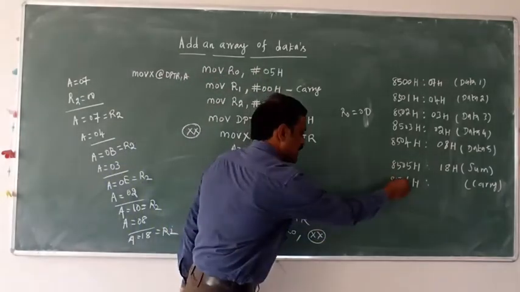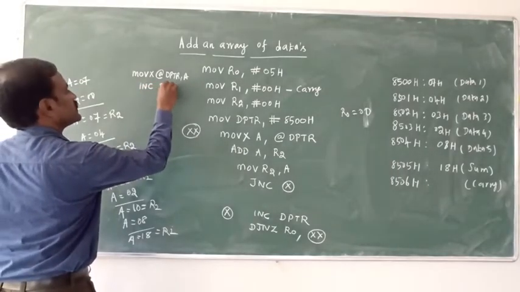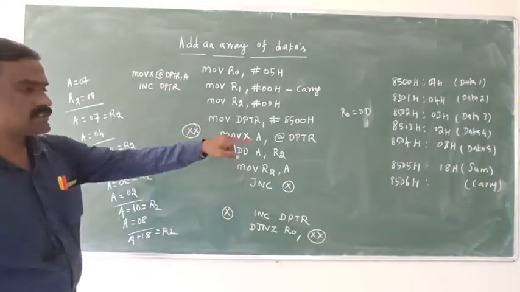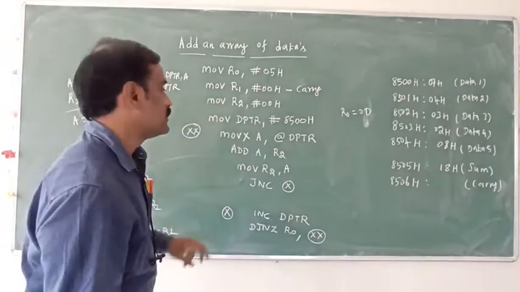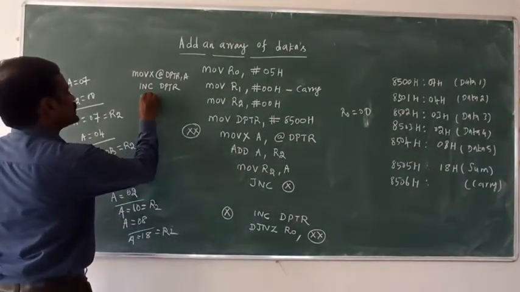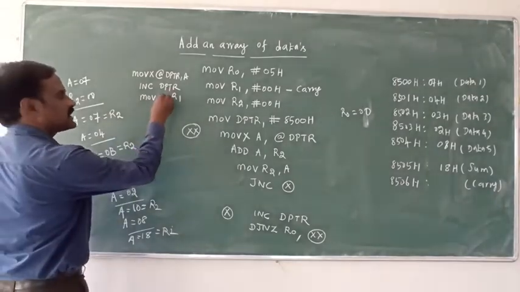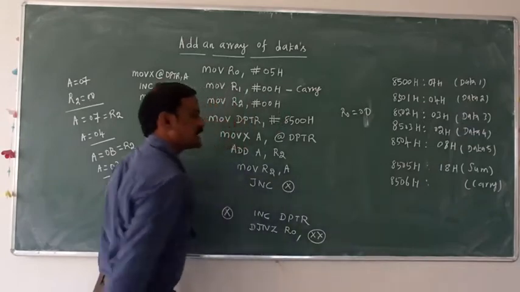For that we have to increment the data pointer, INC DPTR. Now the data pointer address will be incremented. The carry result is available in R1. Now R1 data is moved to the A register, MOV A, R1, and then the accumulator data we can move to this data pointer address.